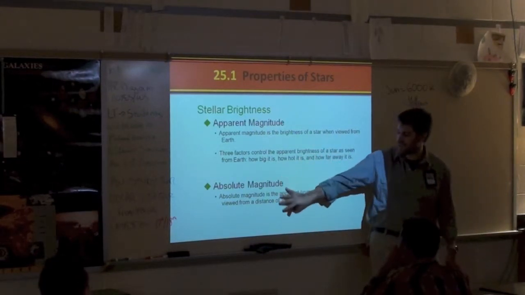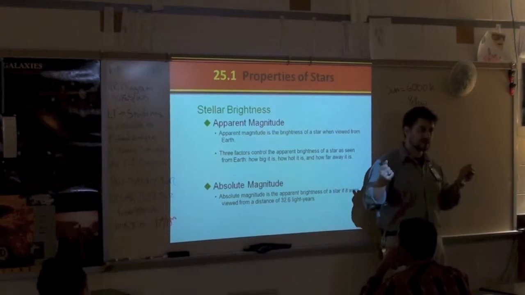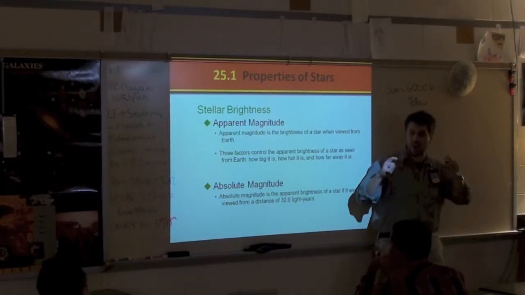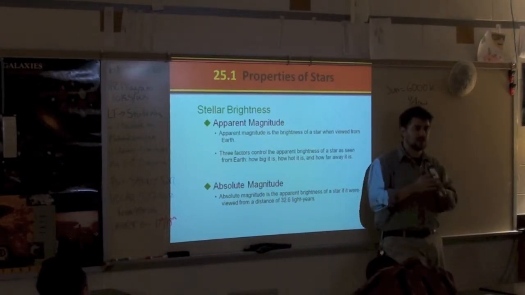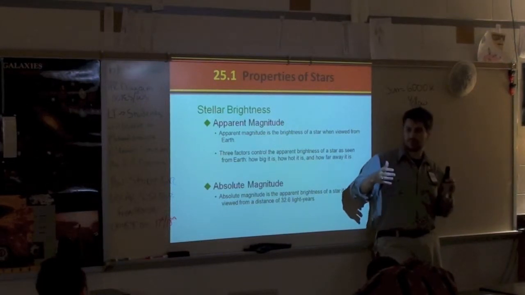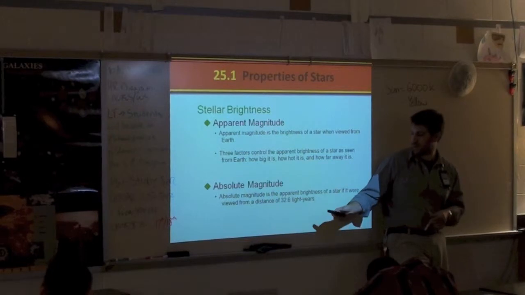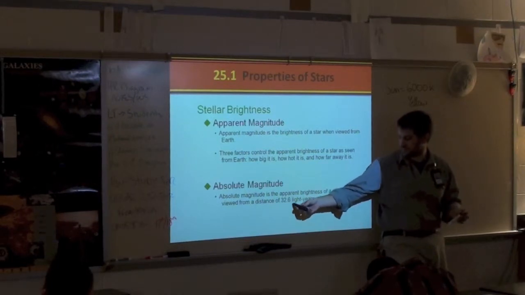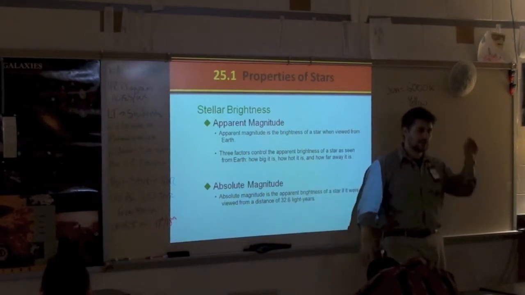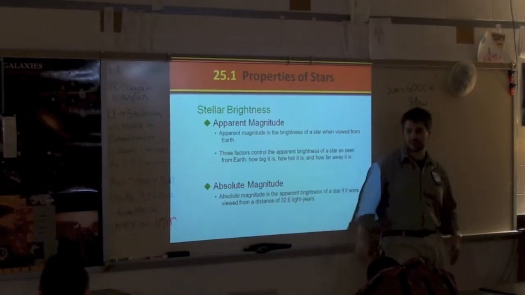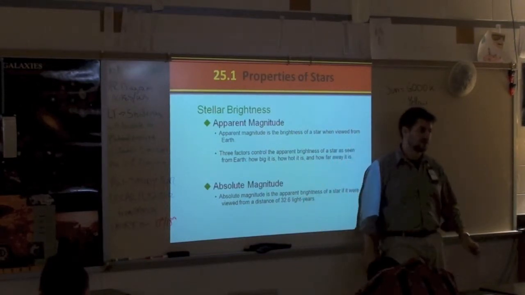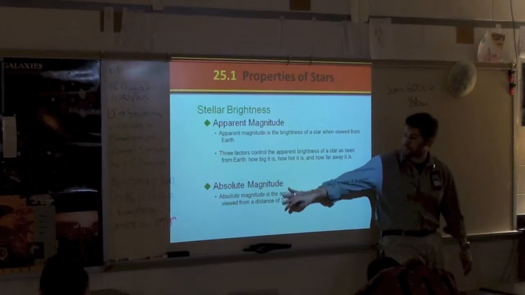So they came up with a system of quantifying how bright different stars are viewed from a set distance. So our sun from a set distance would have an absolute magnitude of something. It's on the chart next. As compared to Betelgeuse or Sirius or Arcturus or Vega, all these different stars have different absolute magnitudes.